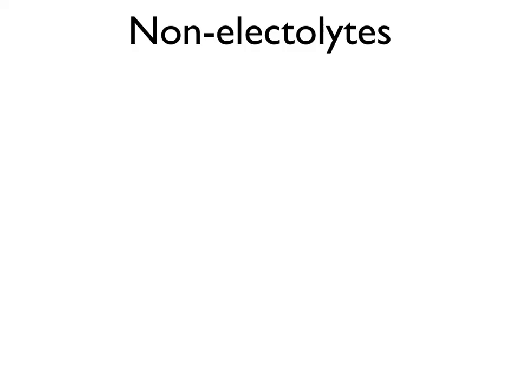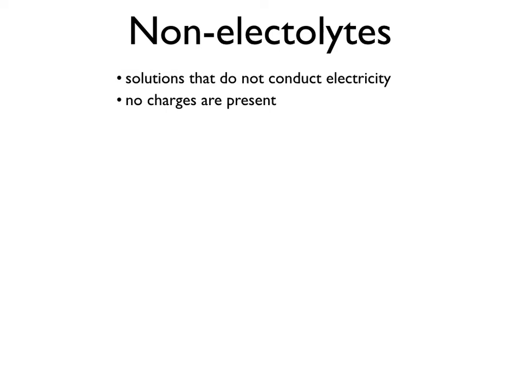However, some of the solutions that you looked at were non-electrolytes, and non-electrolytes simply do not conduct electricity. And the reason for that is there aren't any charges present in the solution. And if there are no charges, then when you dip the wires, the electrodes, down into the solution, there's nothing to be attracted to the electrodes.